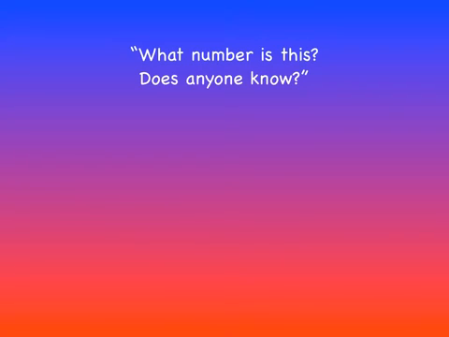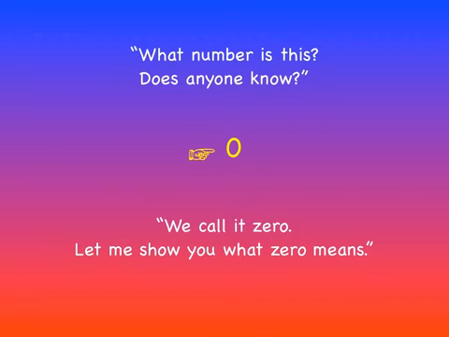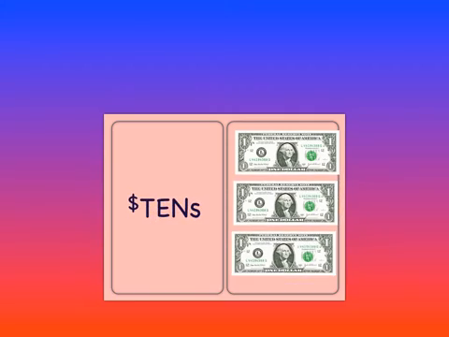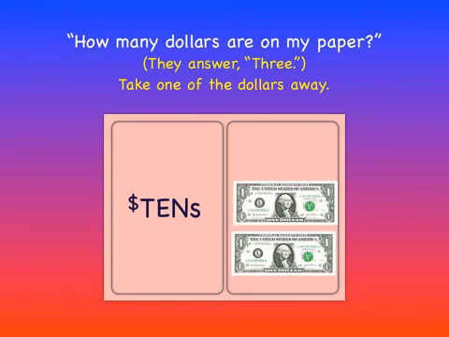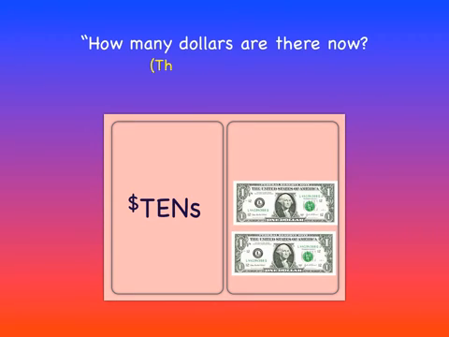"What number is this? Does anyone know? We call it 0. Let me show you what 0 means. Let's start with this. How many dollars are on my paper, everybody?" The answer, 3. "Now, take one of the dollars away. How many dollars are there now?"